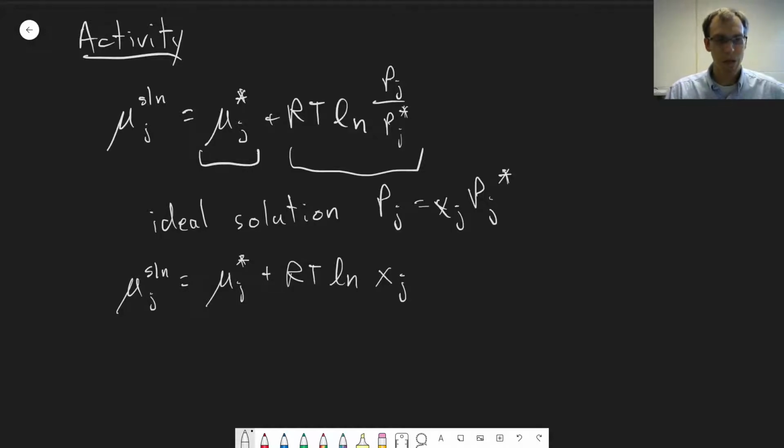Now, if we don't have ideal behavior, we'll have some other expression. Kind of like how we can use the ideal gas law, in contrast we would have something like the van der Waals equation or the Redlich-Kwong equation or whatever. For a non-ideal solution, Pj is going to be some other function.